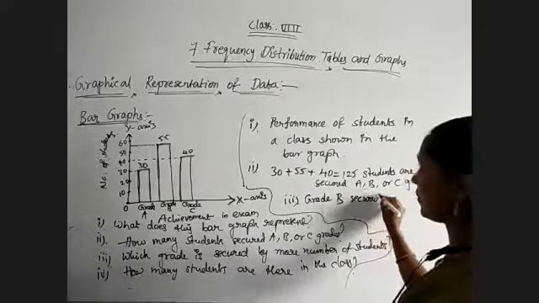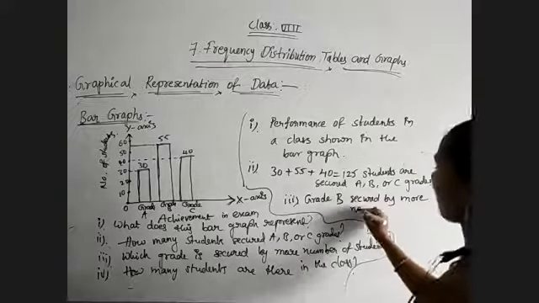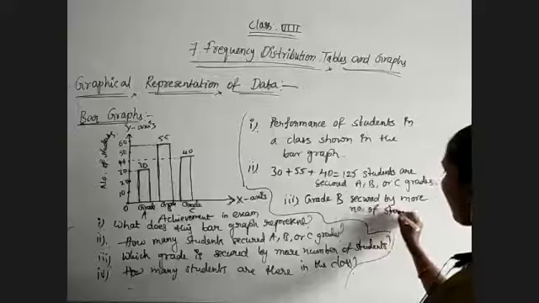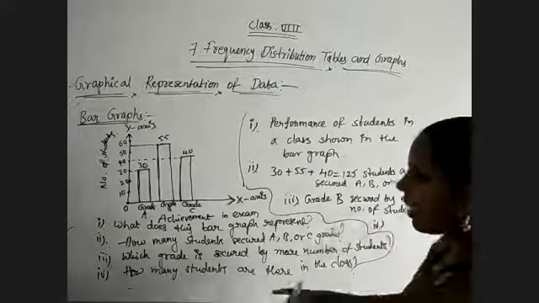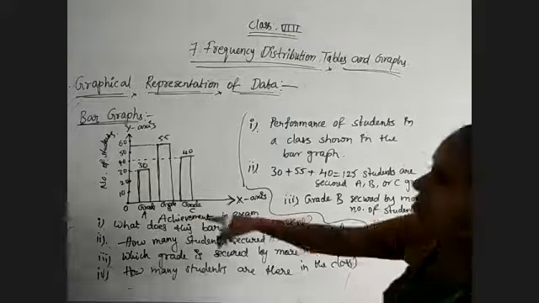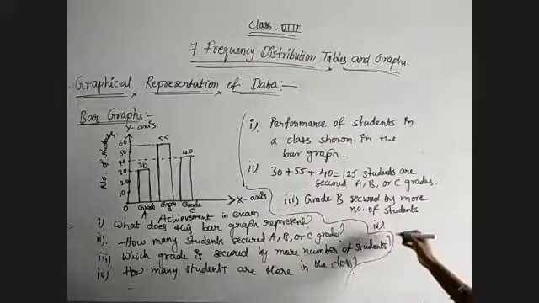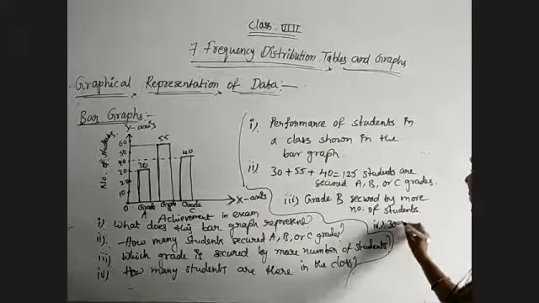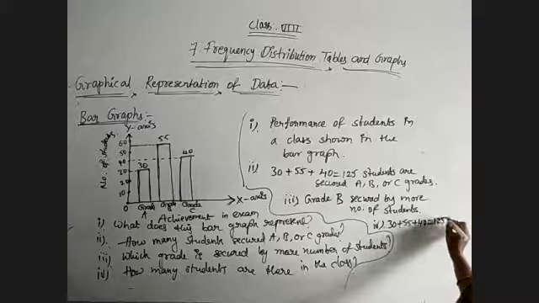Grade B is secured by more number of students. And next question, how many students are there in the class? The total number of students is 30 plus 55 plus 40, which is again 125 students in the class.